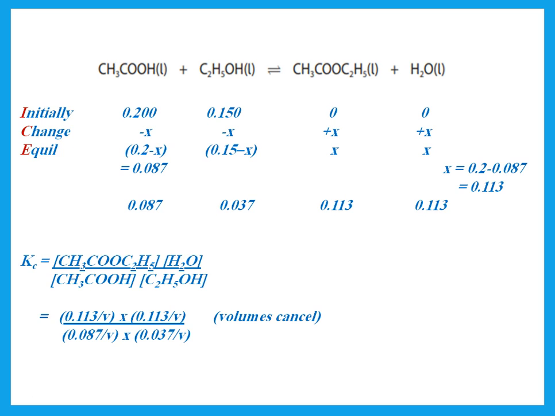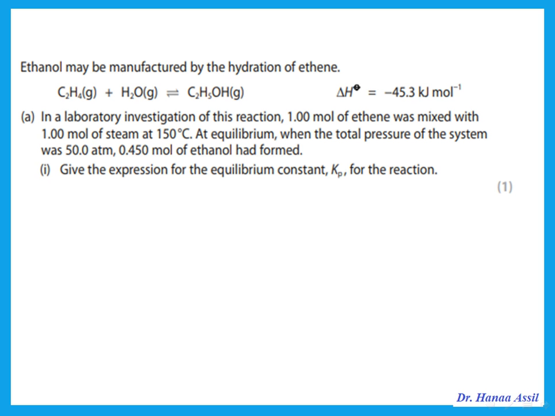But then each of these concentrations is number of moles over volume. So the volume cancels up and down. So actually, I can use the number of moles instead of concentration only because the volumes cancel. So the Kc in this case will be a certain value, 3.97. There are no units because the units will cancel up and down. So that's the value for Kc.